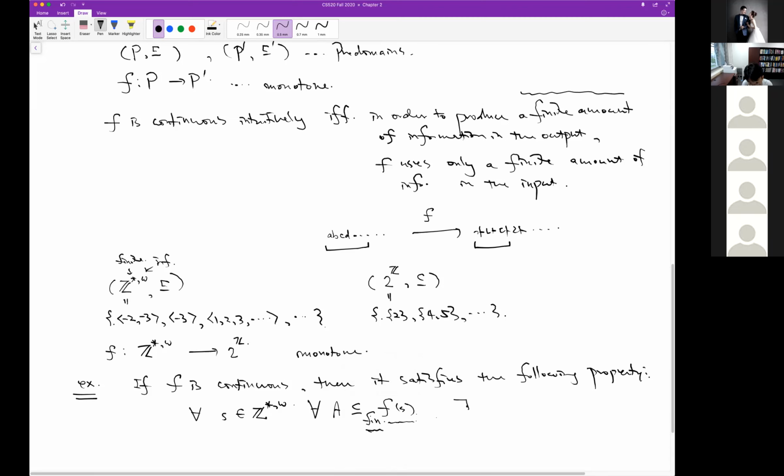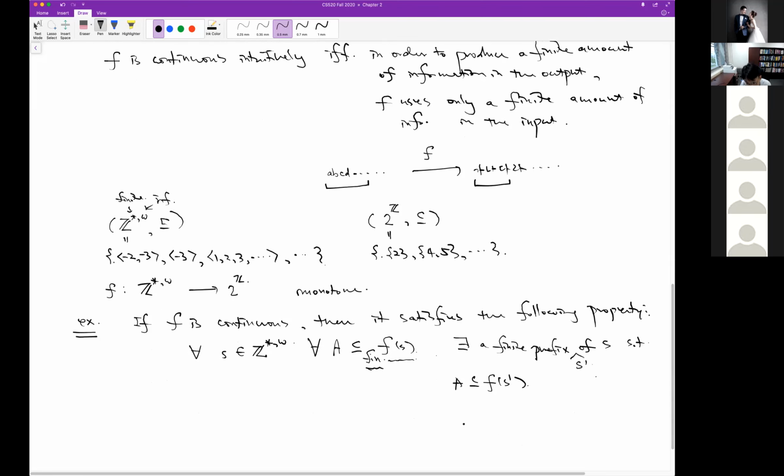Then there exists a finite prefix of S, let's call it S prime, such that this A is still in F of S prime.